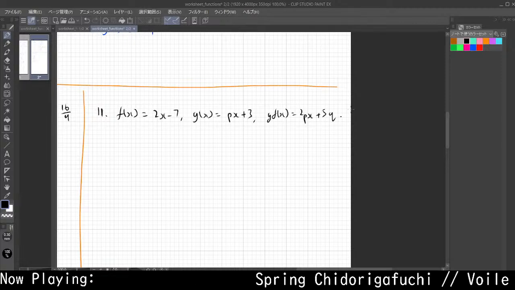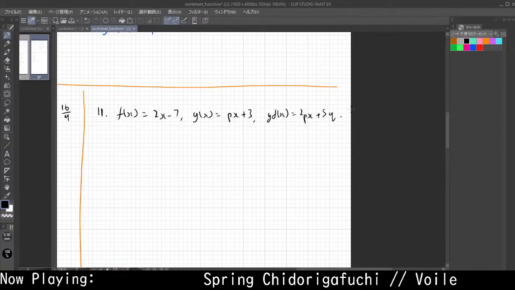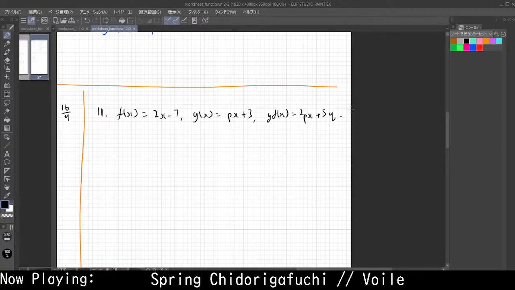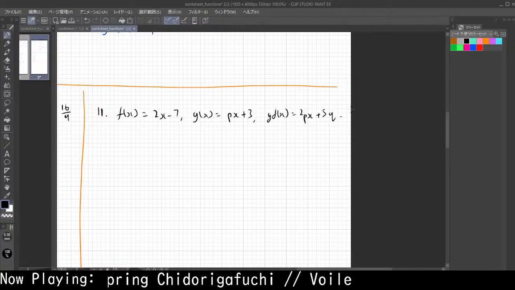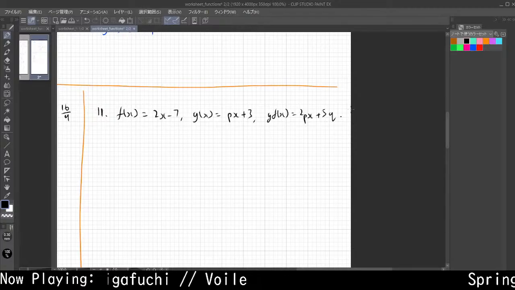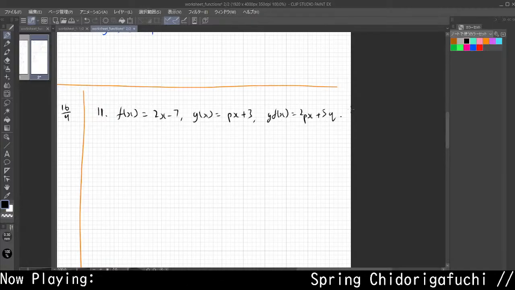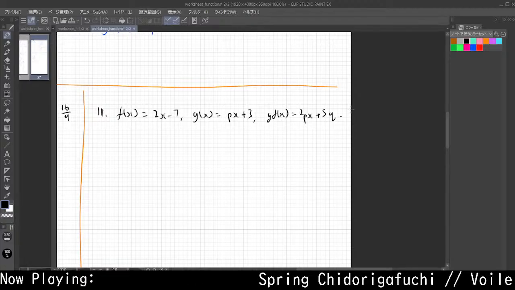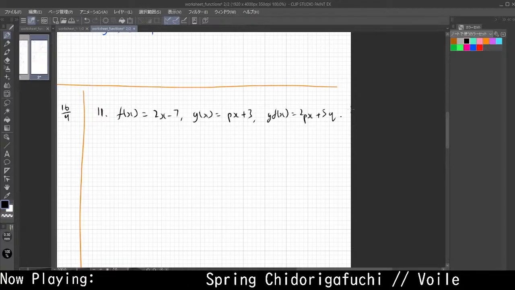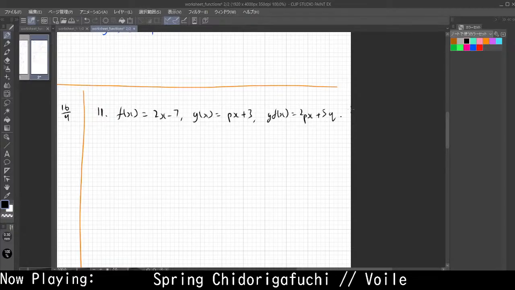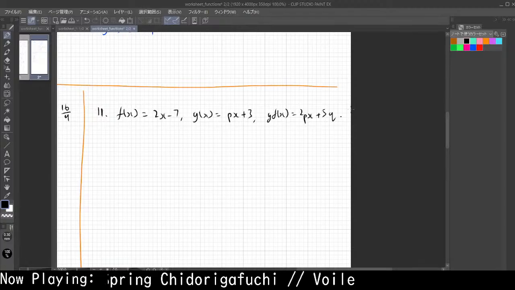Okay, so for this one, you want to directly use f and g combined together to get your gf, then you can equate it to the gf given in the question, the 2px plus 59 and 2px plus 5q, then you'll be able to get that. So compare and contrast.